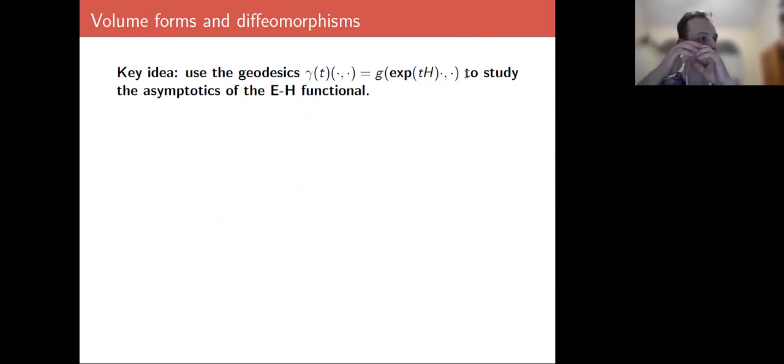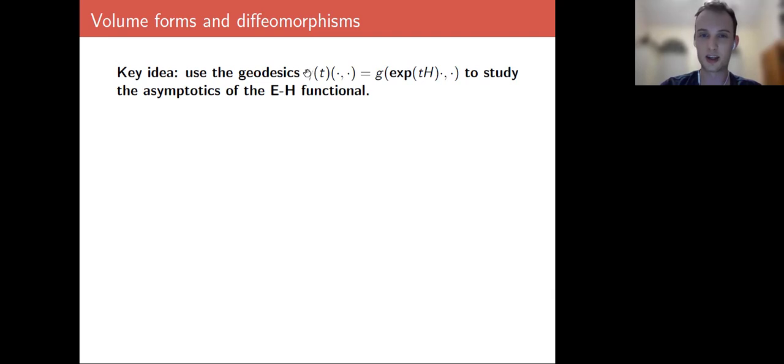Well, I forgot to mention this earlier, but when you use the calculus of variations to find critical points of the Einstein-Hilbert functional in order to find Einstein metrics, you need to insist on the volume 1 constraint, because you basically end up using Lagrange multipliers, which is why you get that lambda out the front of Ricci G equals lambda G. So we're mostly interested in studying the Einstein-Hilbert functional on volume 1 metrics.